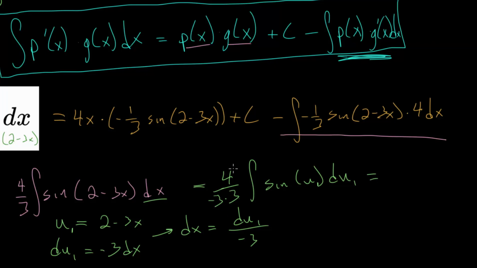And this fraction here just simplifies to -4/9, and the integral of the sine of u1 is just the negative of the cosine of u1. So the negative will cancel out, and we get the cosine of u1, but u1 is 2 minus 3x.